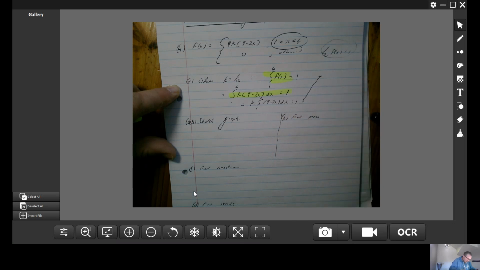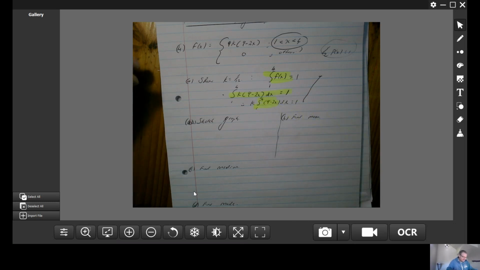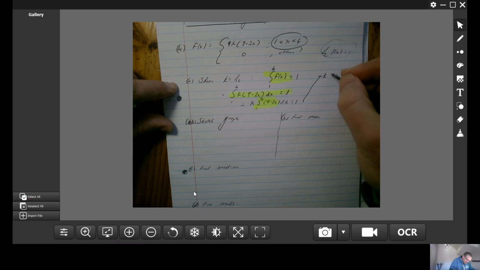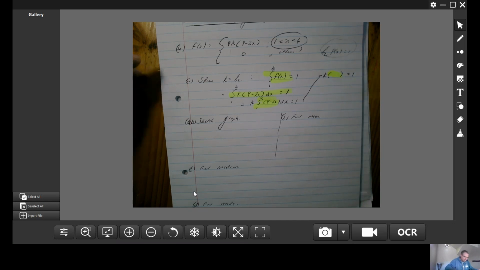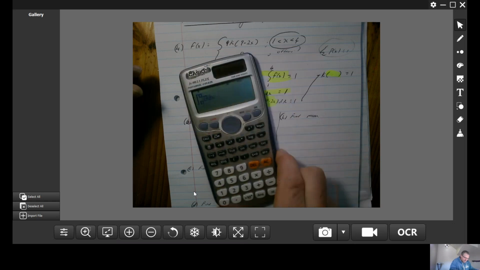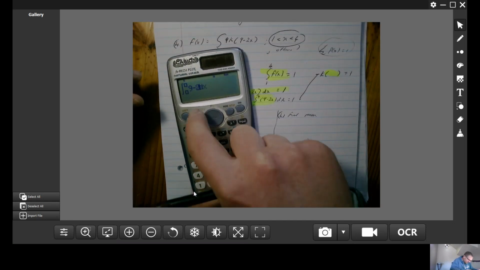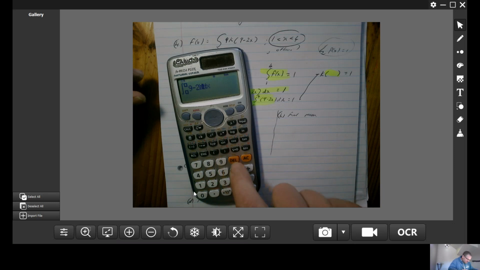So this bit over here, the integral between 1 and 4 of 9 minus 2x, we can work that out on our calculator. So k times whatever our calculator gives us is going to be equal to 1. So you're going to go the integral of 9 minus 2x between 1 and 4 equals, and you get an answer of 12.